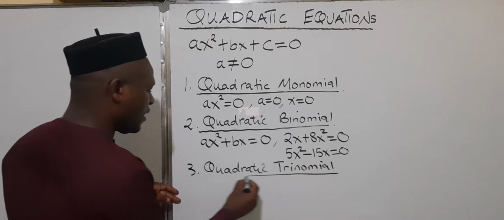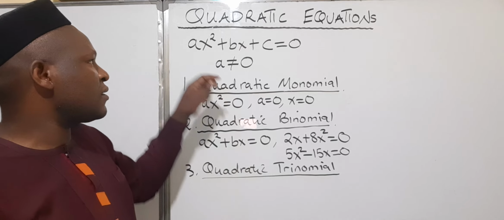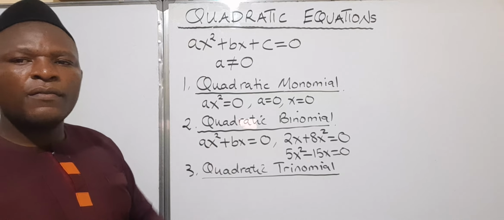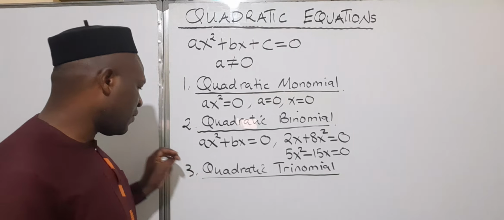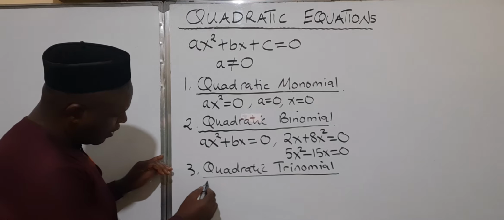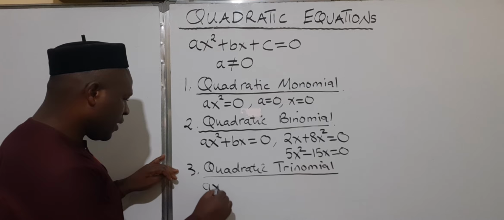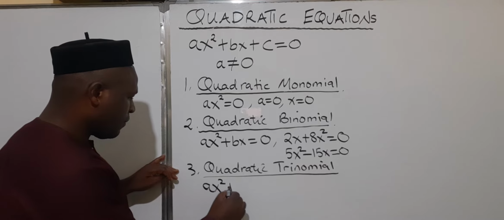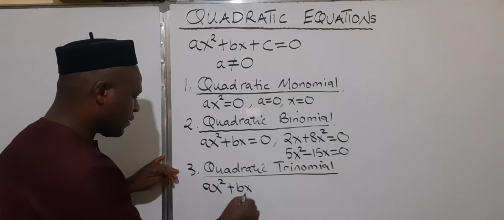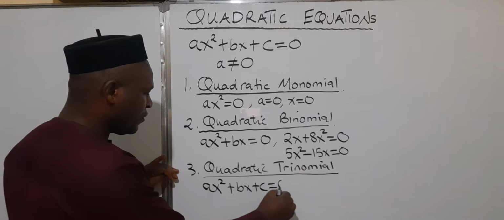This quadratic trinomial, we are very familiar with it because it carries the form of the standard equation or general equation of a quadratic equation. So in this case, you are going to have ax squared plus bx plus c equals 0.